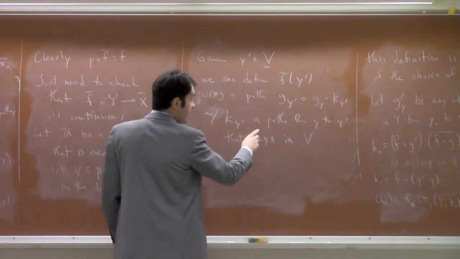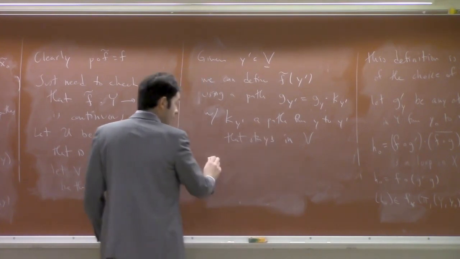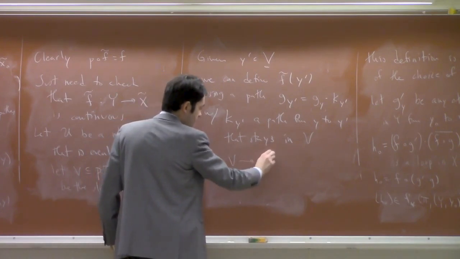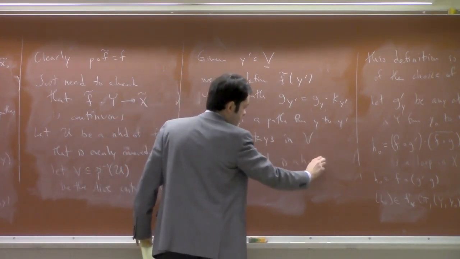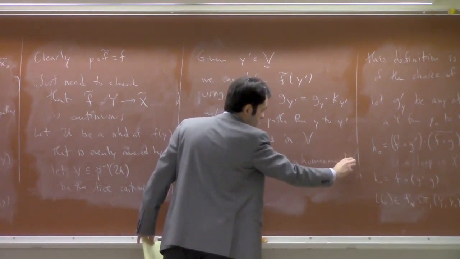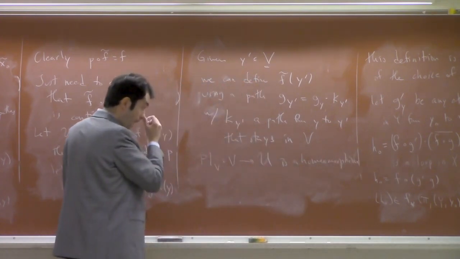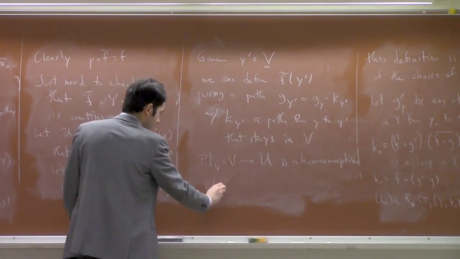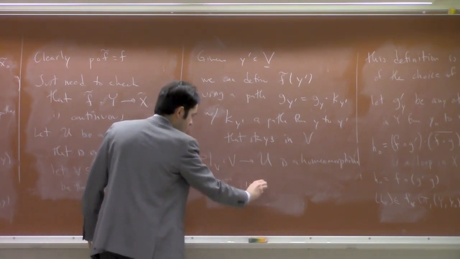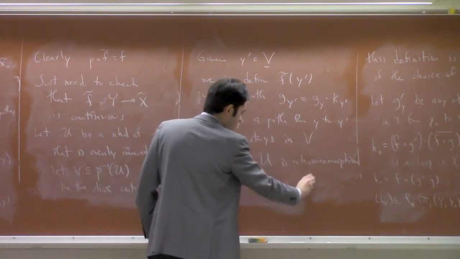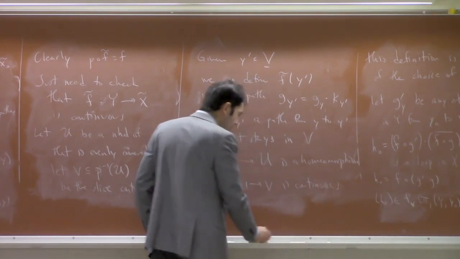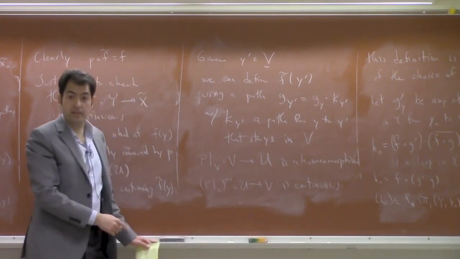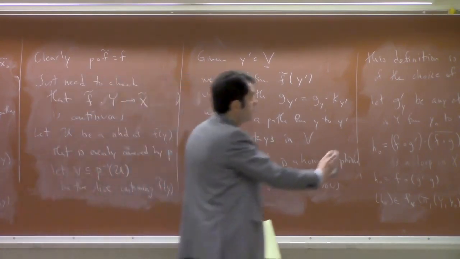Excellent. But the lift in V is really easy because the restriction of p to V is a homeomorphism. So we have an inverse map which is continuous. So if you want to lift a path from U to V, you just compose it with this inverse map.